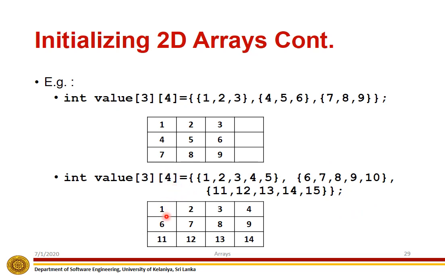So it will fill as 1, 2, 3, 4 and 5 will be ignored because there is no 4th column in here. Then 6, 7, 8, 9, 10 will be ignored and 11, 12, 13, 14, 15 will be ignored because we have declared the columns as 4.